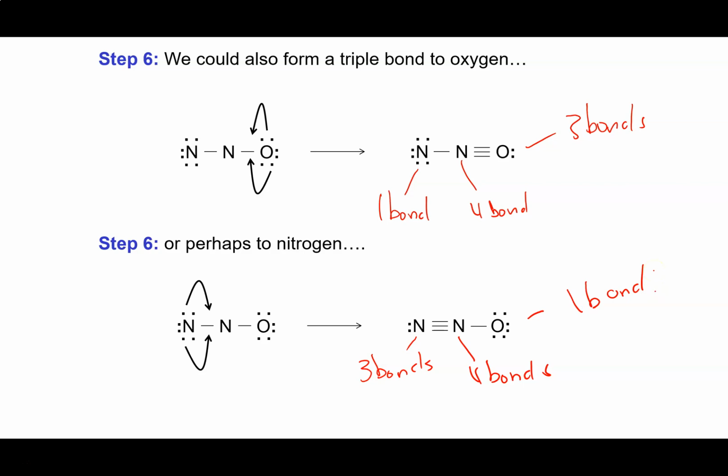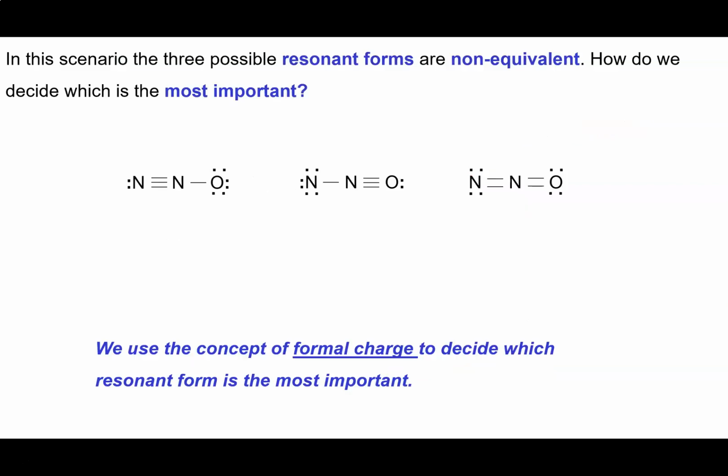So there really doesn't seem to be a way that we can draw a Lewis structure that aligns with what we would expect to be the number of bonds formed. There's going to have to be a compromise. In this scenario, there are 3 possible resonant forms and they're not equivalent.